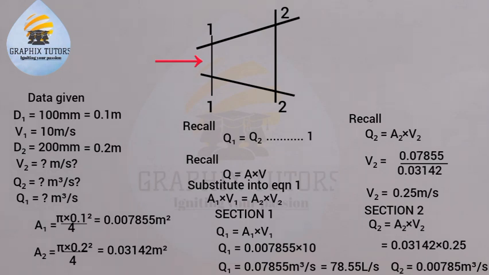Converting it to liter means you multiply by 1000, and we have 7.86 liter per second. So the discharge at section 2 is 7.86 liter per second, and the discharge at section 1 is 78.56 liter per second. So this is what we have.